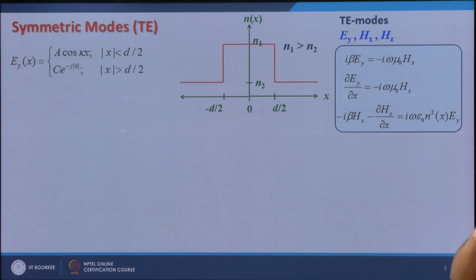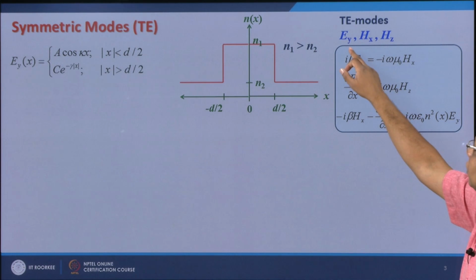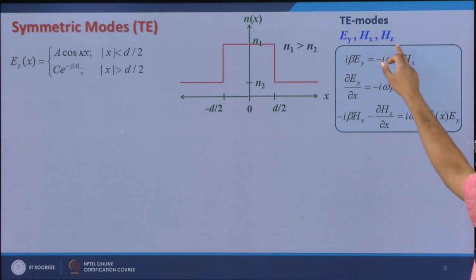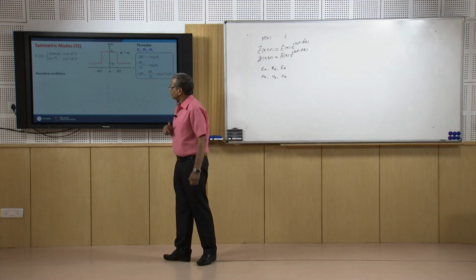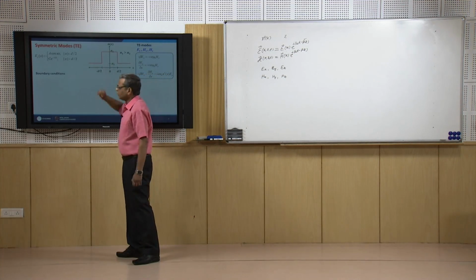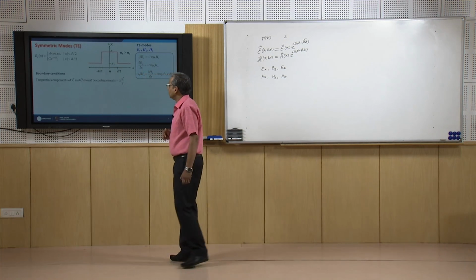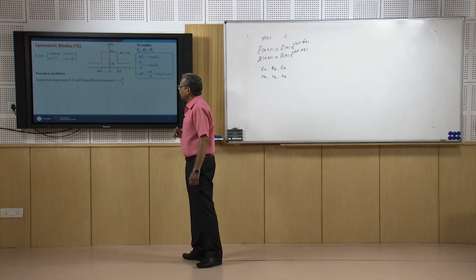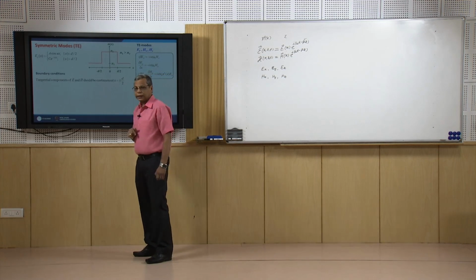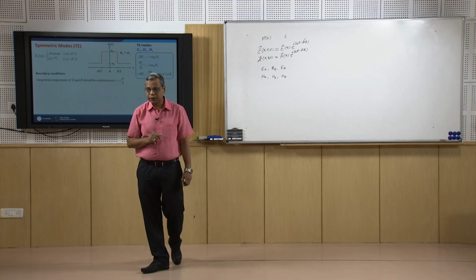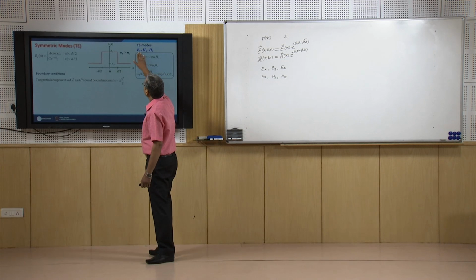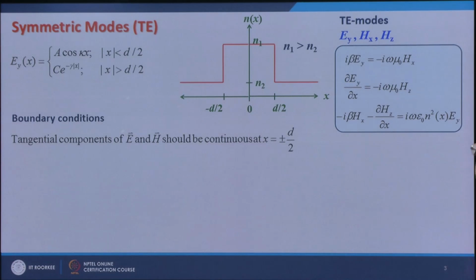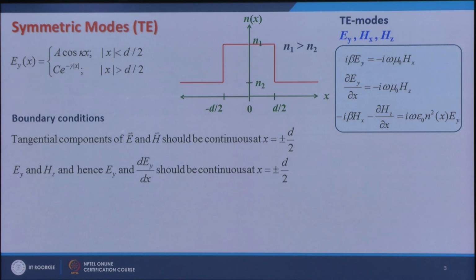Since it is a TE mode, the non-vanishing components of E and H are E y, H x and H z, and they are related by these three equations. We applied the boundary conditions at the interfaces x is equal to plus minus d by 2: the tangential components of E and H should be continuous, and the tangential components at x is equal to constant are E y and H z.